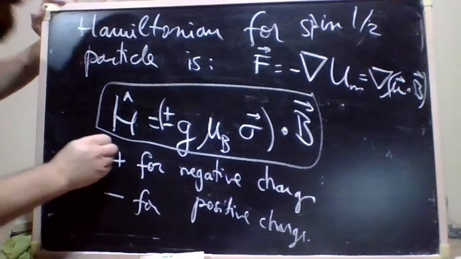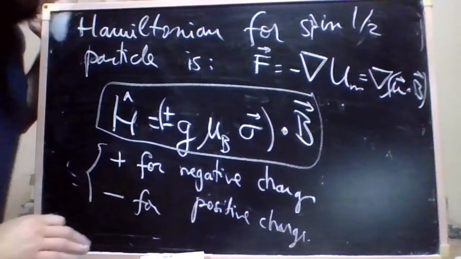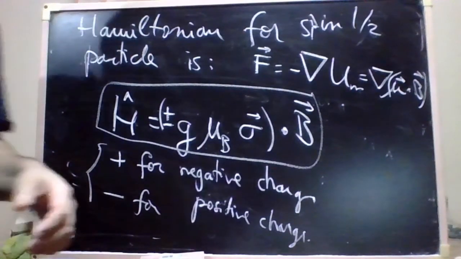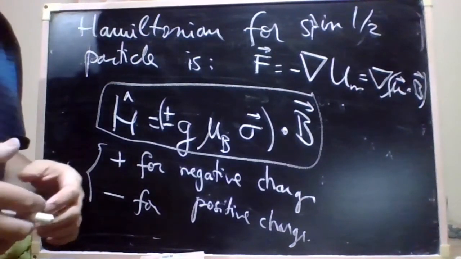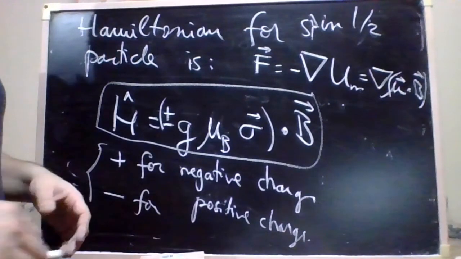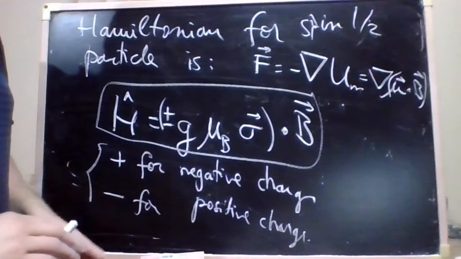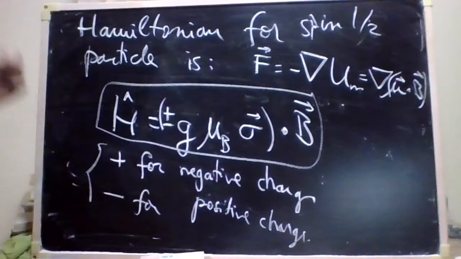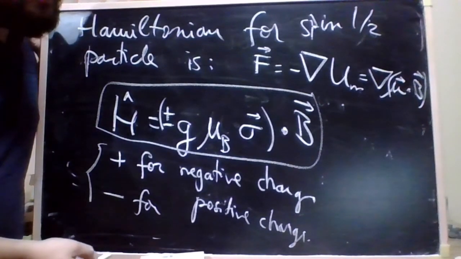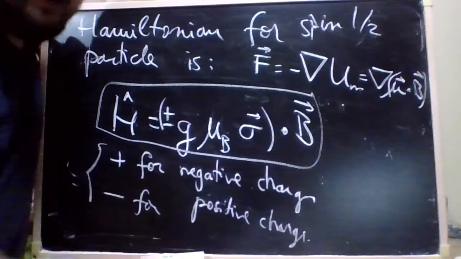Well, to finish this topic here, I will make another video, but I guess this became too large for now. I'll finish right here. But I must remember that there are particles which don't have charge, like neutrons.